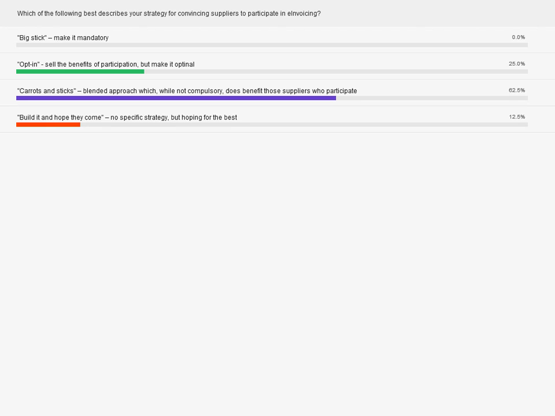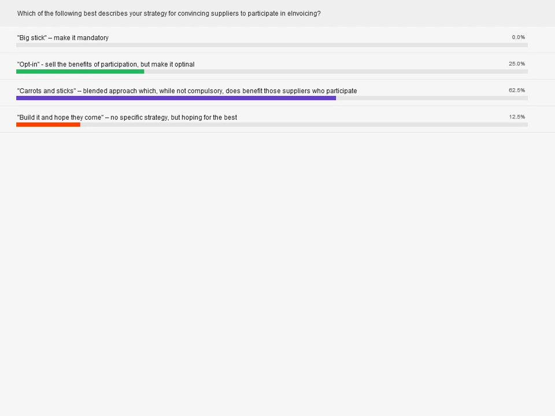Across your supply base you may not have enough buying leverage, enough volume with all the different suppliers across different categories to effectively wield that big stick in every case. Likewise, something that's completely voluntary without a strong message of endorsement from the AP team and the buying group is much less likely to achieve the desired result. So we really see that the best practice approach is to blend the two.